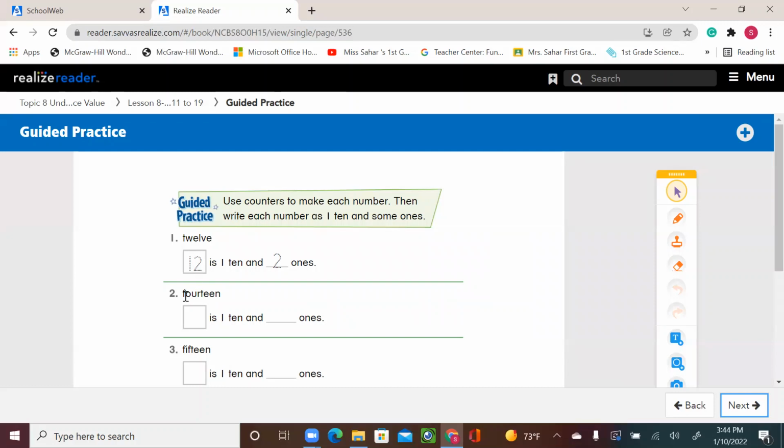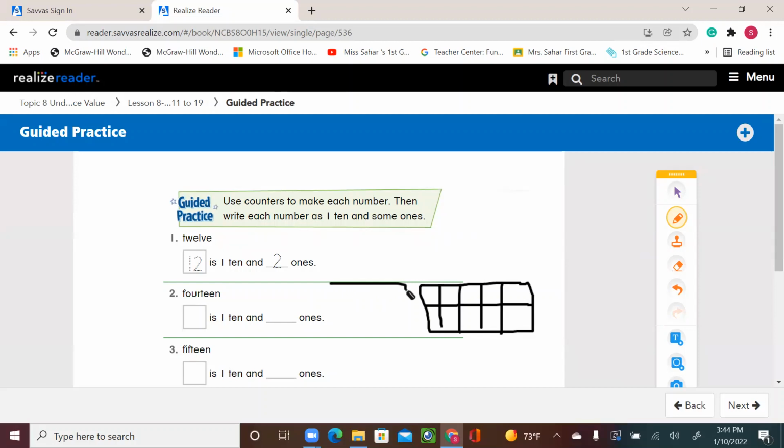All right, let's go for 14. Right, I'm going to draw just one to show you. Then I'm going to make another 10 frame because I need 2 10 frames.